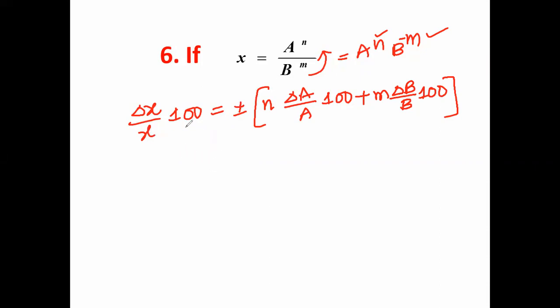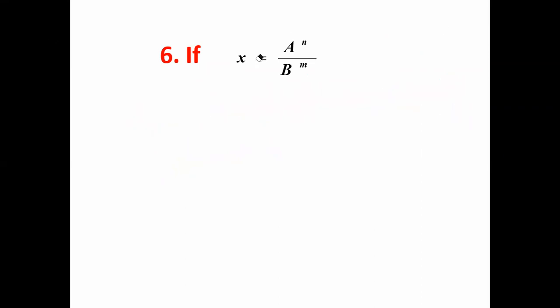So delta x by x into 100 is equal to plus or minus n into delta a by a into 100 plus m into delta b by b into 100. So delta x divided by x into 100 is equal to plus or minus like this. If they give the data, we'll write that. For example, if I take x is equal to a b square divided by c cube.